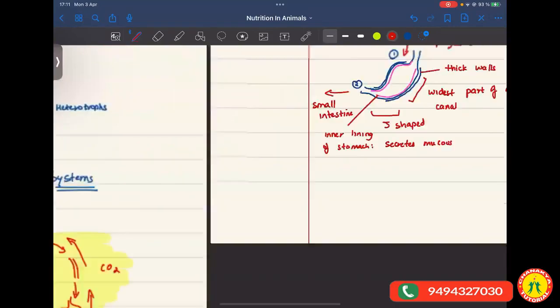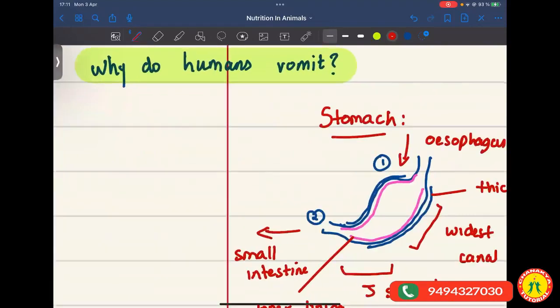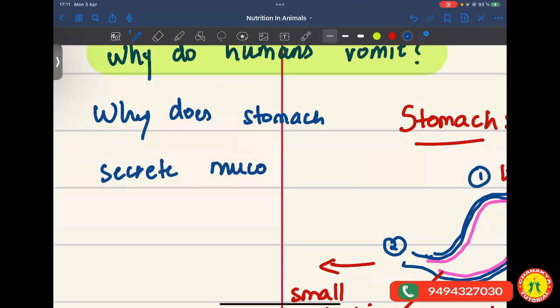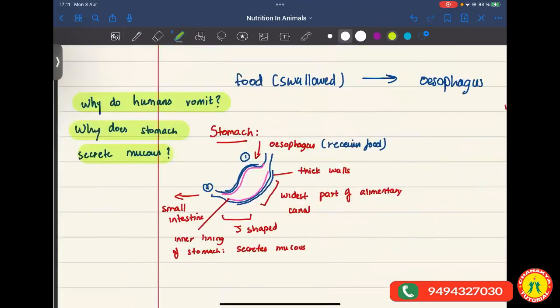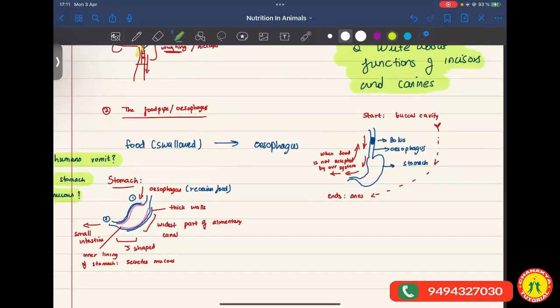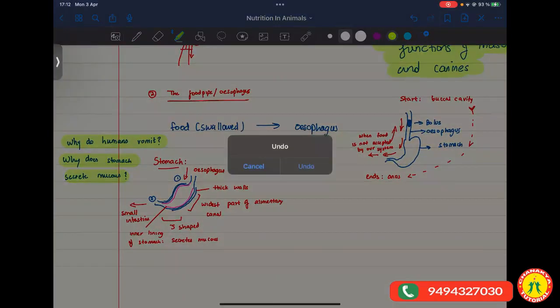Okay, so next question for your homework is, okay, you guys just copy the notes till here with the image and everything for better understanding. Copy it till here and let me know. Yes, ma'am.